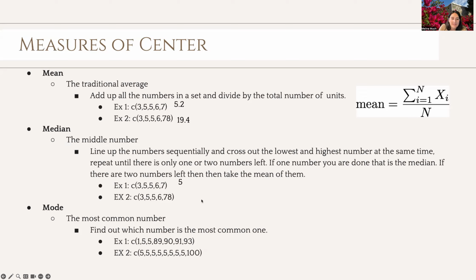You're going to calculate the median with the same set. Go ahead and pause, find it. You're going to see that it's still 5, right? Instead of with the average, it got yanked up and is 19.4. The median stays the same. So that is a huge benefit to calculating the median instead of using the mean.